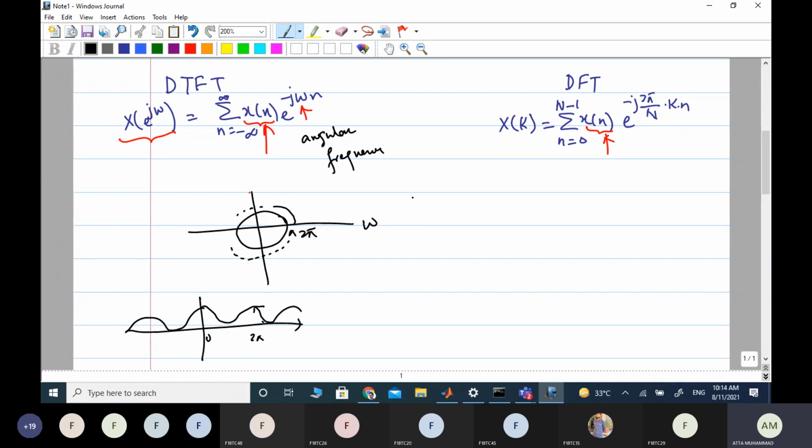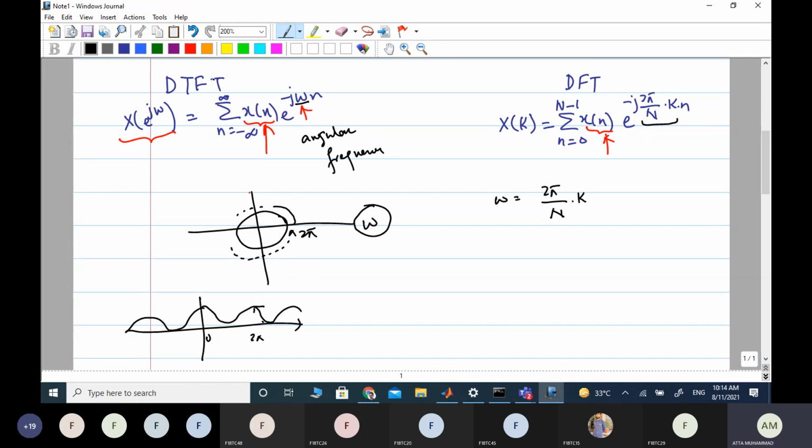So this is what we have discussed in previous classes. So now here you can see, if you compare these two equations, and take omega from here and its equivalent from here, then omega is equal to 2 pi by n times k. Now what does this mean? This means that now we are taking samples of omega as well, right?